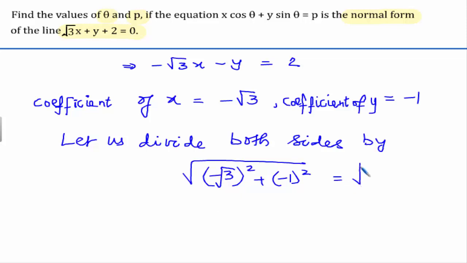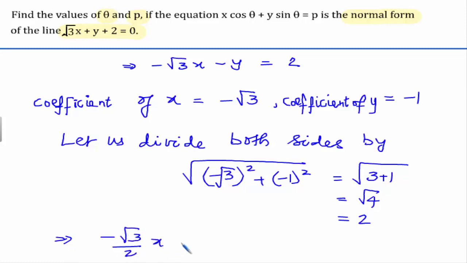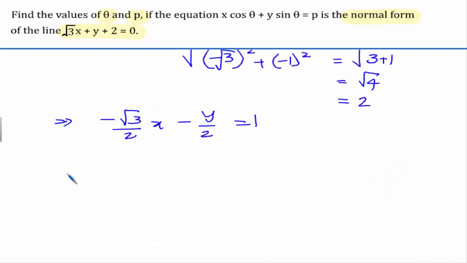That will give us root of 3 plus 1, this is root 4, that is 2. That means we will divide both sides of the equation by 2. And what will we get here? Minus root 3 by 2 x minus y by 2 is equal to 1. This is minus root 3 by 2 x minus 1 by 2 y is equal to 1.